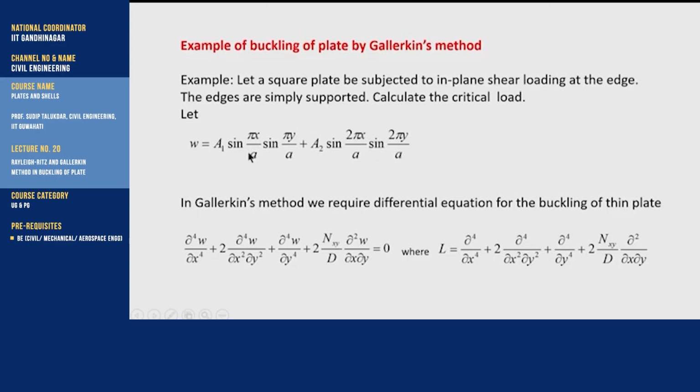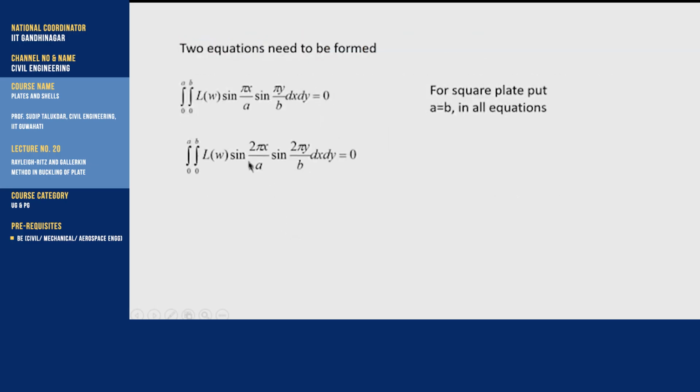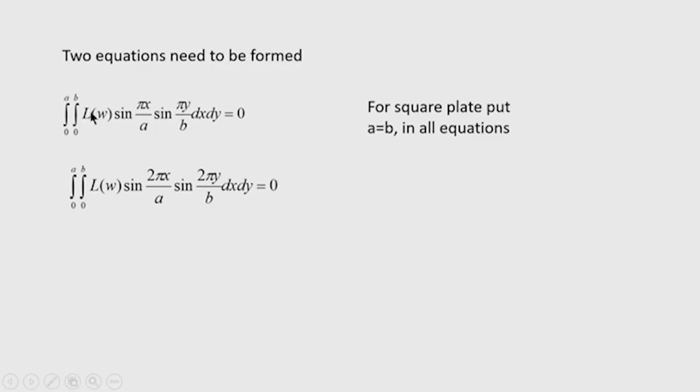Now, in Galerkin method, we take the differential equation that I have introduced earlier, and this differential equation has to be satisfied by this approximate function. So, naturally an error will be introduced. This error is multiplied by each of the functions.